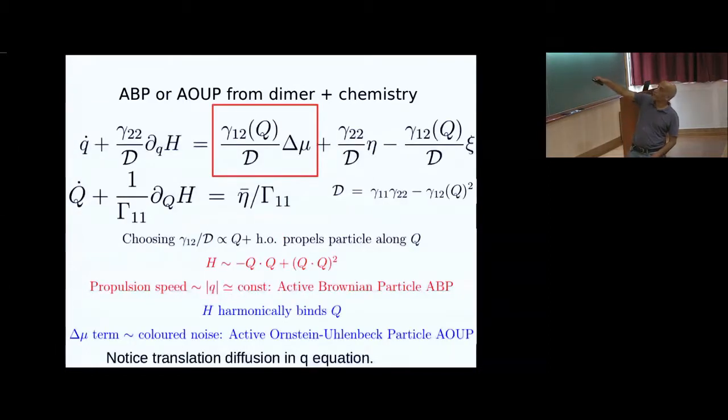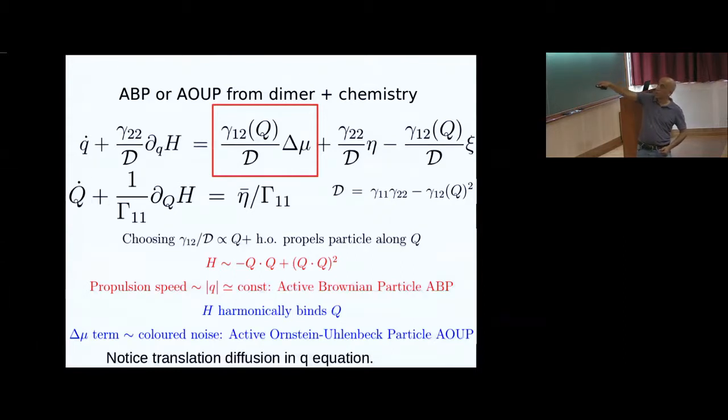you can get an equation of motion for the center of mass, which gets driven at a rate determined by the extension. That extension variable has its own dynamics in its potential. And depending on what you put in here, you get the cases that I discussed last time.